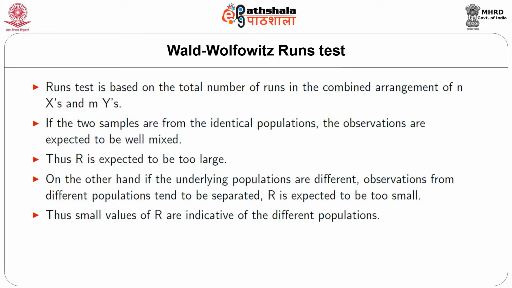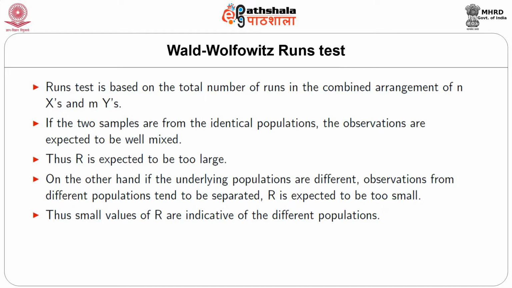If the two samples are from identical populations, the observations are expected to be well mixed. Thus, R, the total number of runs, is expected to be too large. On the other hand, if the underlying populations are different, observations from different populations tend to be separated. Hence, R is expected to be too small in such a case.